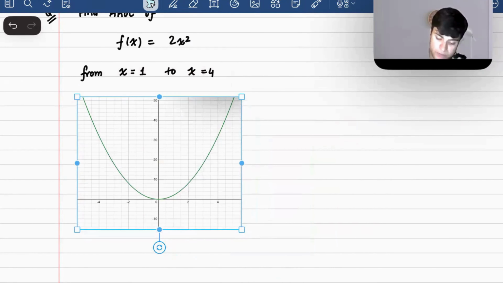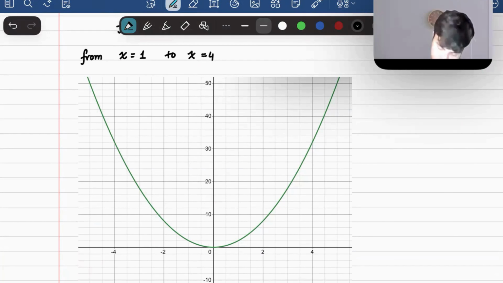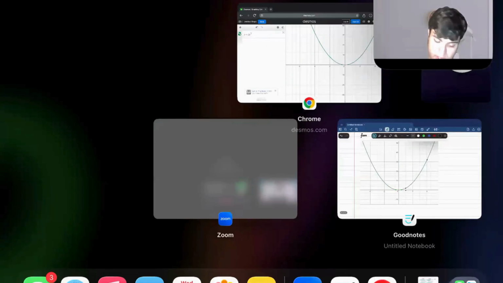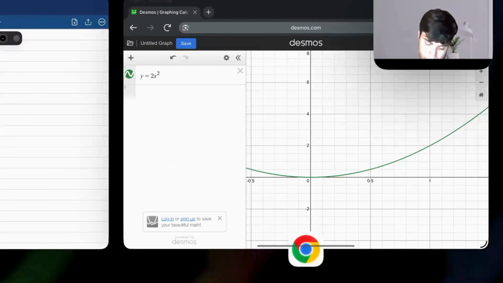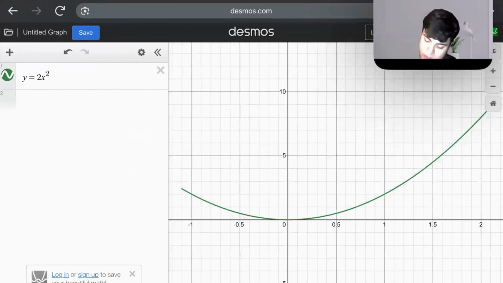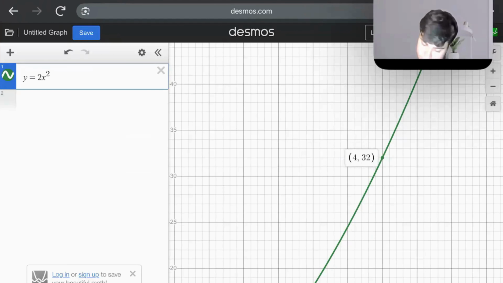Let's observe this on the graph. This is the value 1 right here, and this is the value 4. At 1, this is where we are, and at 4, this is where we're at. Let's find the y values as well for the sake of understanding. At 1, the y value is 2, and at 4, the y value is 32.